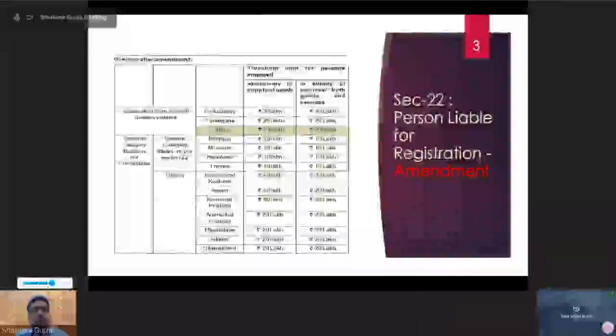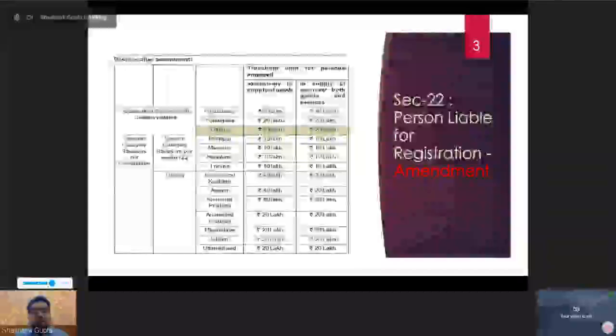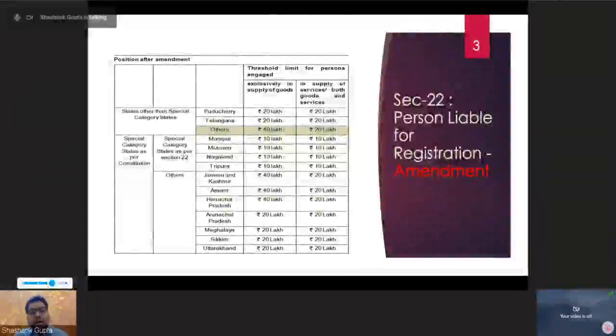He has a location in Delhi, where the turnover limit is 40 lakhs. But he also has a location in Tripura, where the threshold limit is 10 lakh rupees. So the threshold limit applicable for that assessee having a location in Delhi as well as Tripura will be 10 lakh rupees only.